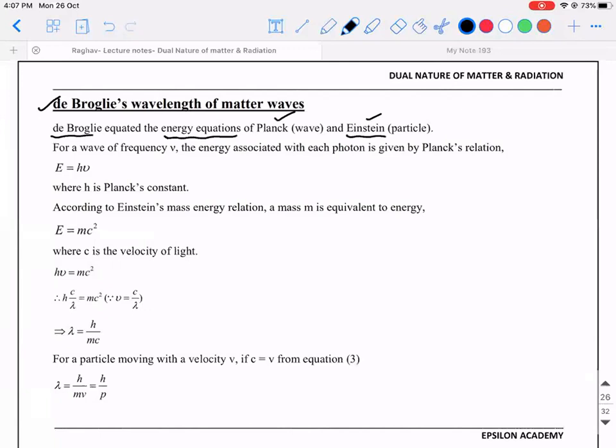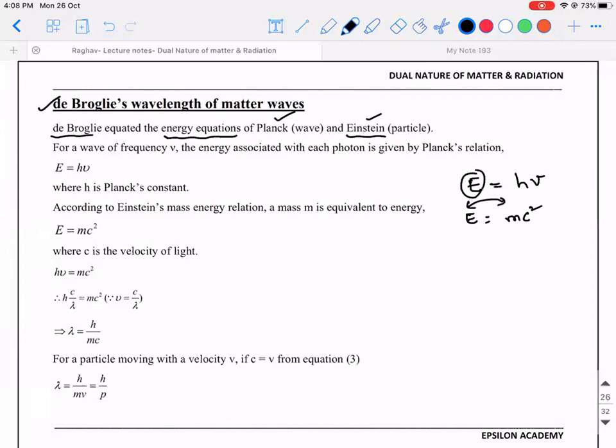What was the energy equation proposed by Planck? E is equal to h nu, where h nu is the energy of each photon. What is the energy equation proposed by Einstein? It is mc square, called energy mass equivalence.